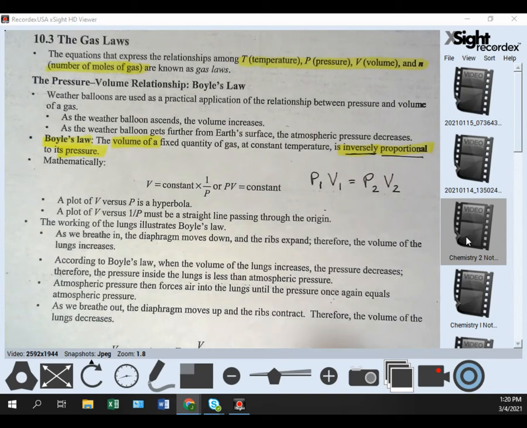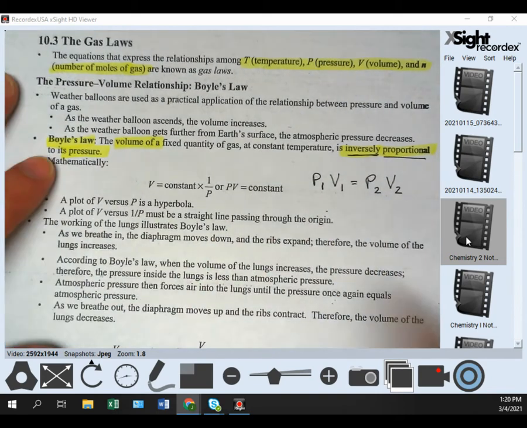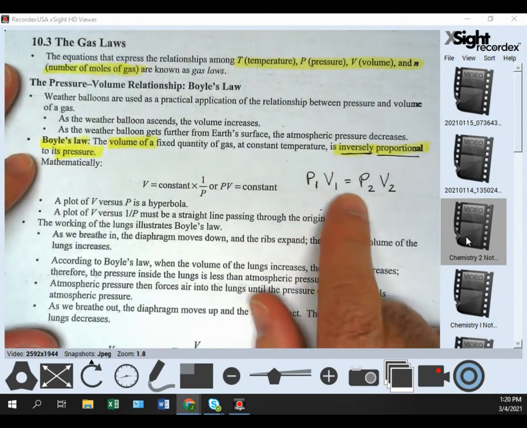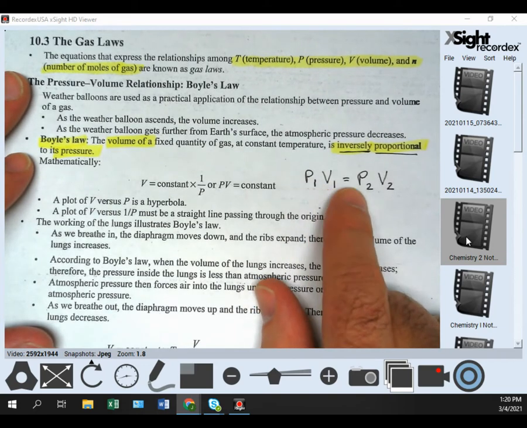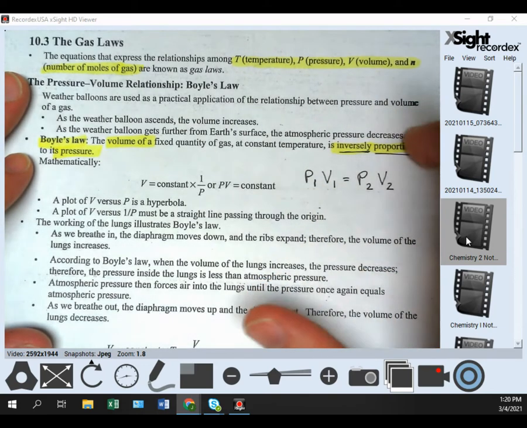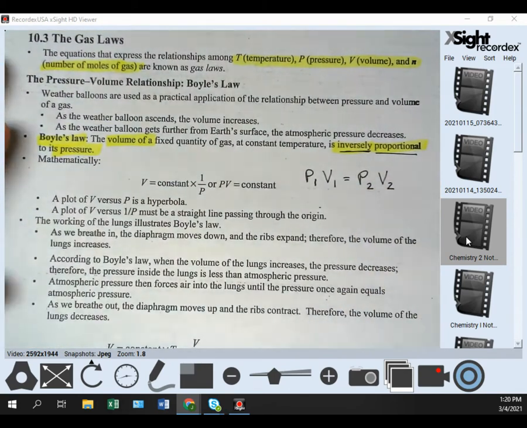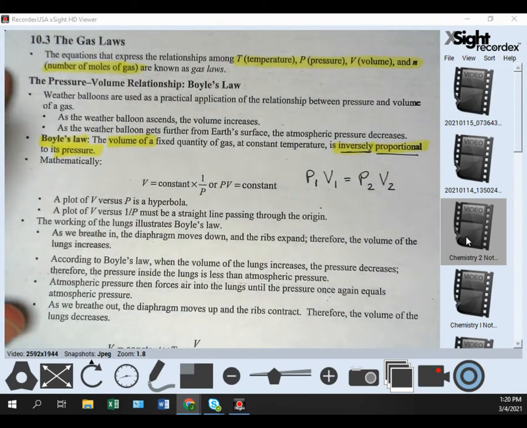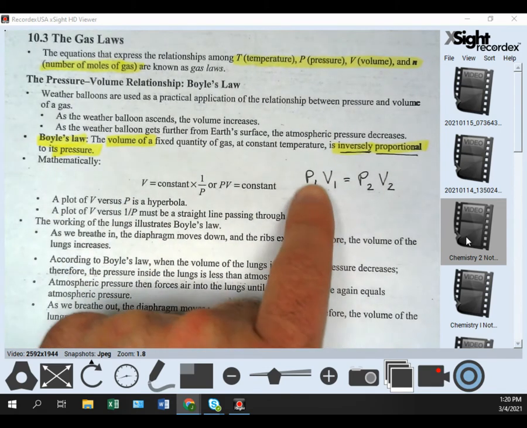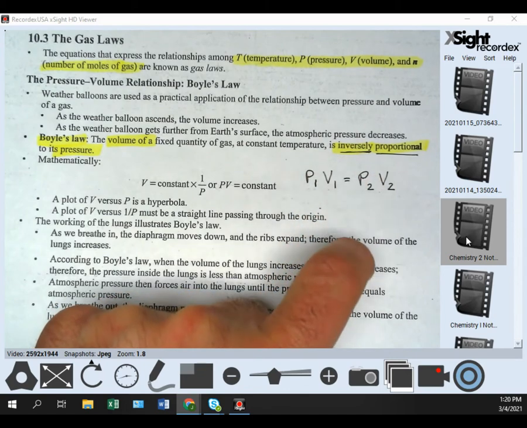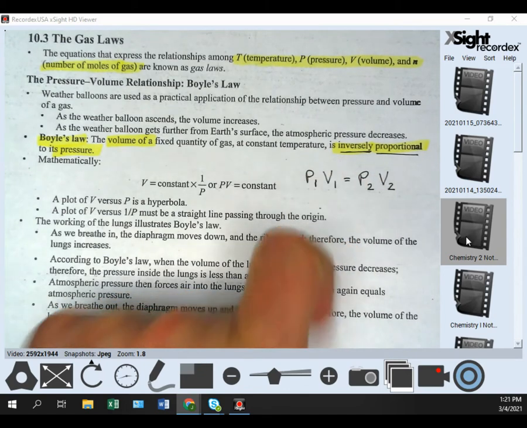In terms of an equation, that looks like P1 times V1 equals P2 times V2. So inversely proportional, you multiply them. What this means is if the volume goes up, the pressure goes down. The volume goes down, the pressure goes up.